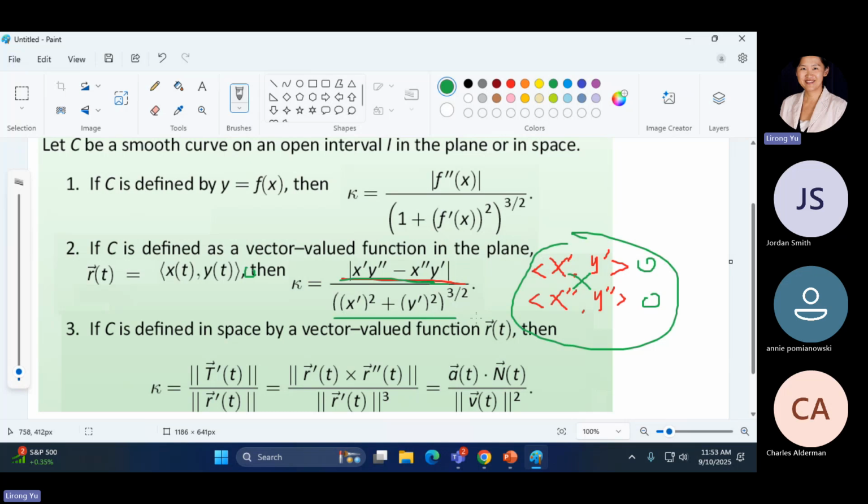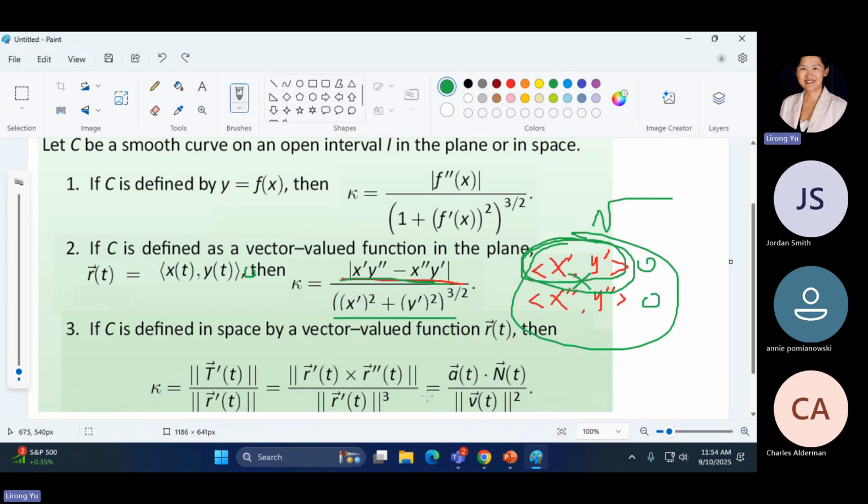And the denominator is, again, you take your first derivative vector. The magnitude of that is the square root of x prime squared plus y prime squared. That's this, the root right there. So then you compute it. The denominator essentially is the cube of the first derivative vector's magnitude. Let's try to relate all three.